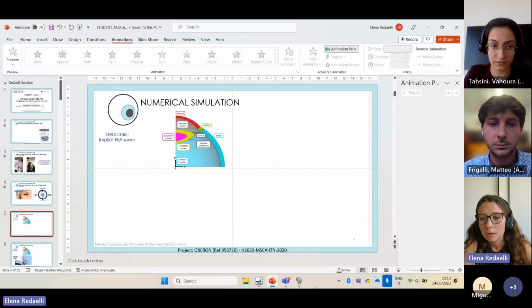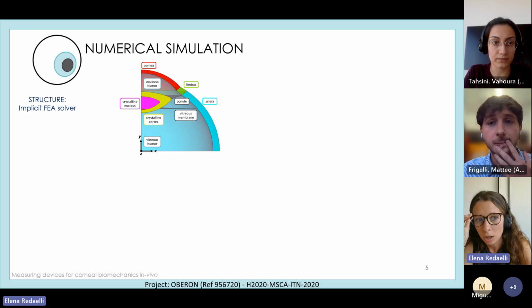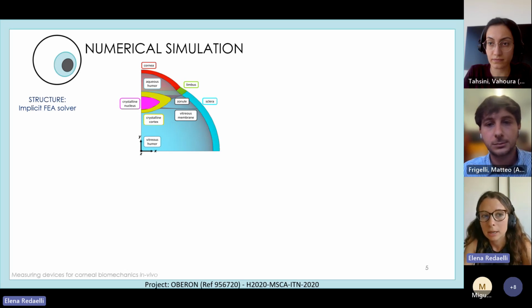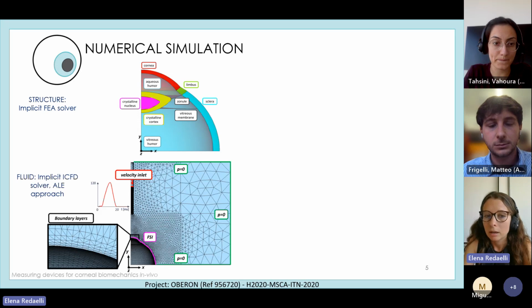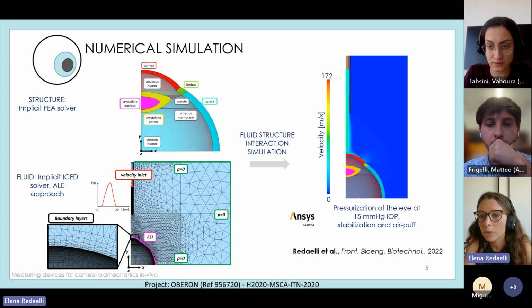And so in our group, we developed a numerical simulation comprising the eye, that is the structure, and the air surrounding the eye with a velocity inlet, that is the velocity of the air puff of Corvis. And these were coupled to create a fluid structure interaction simulation of the air puff.